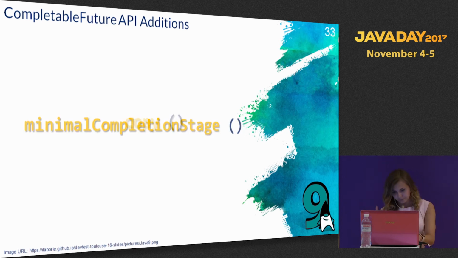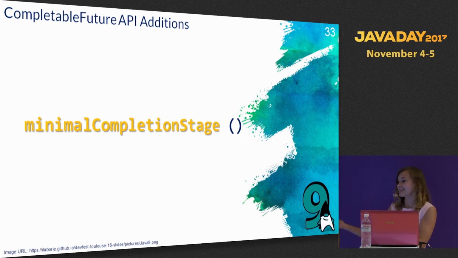And that's not all. We can also use minimalCompletionStage. It works the same as the copy, but there is one significant difference. Copy returned the CompletableFuture, the original one. But minimalCompletionStage, you can guess from the name of this method, what does it return?